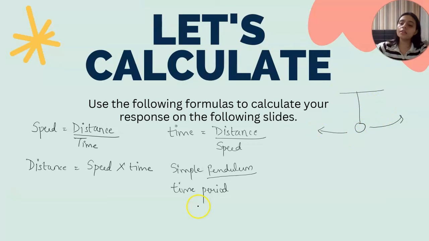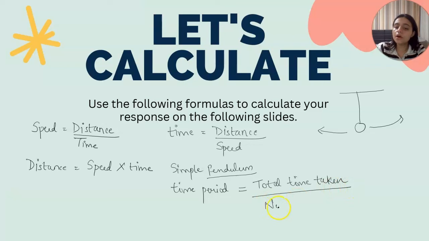In this they will ask you to calculate the time period, for which the formula goes like: total time taken upon number of oscillations. So we are going to focus on all these formulas in order to calculate the numericals.